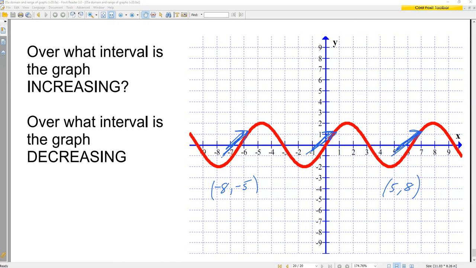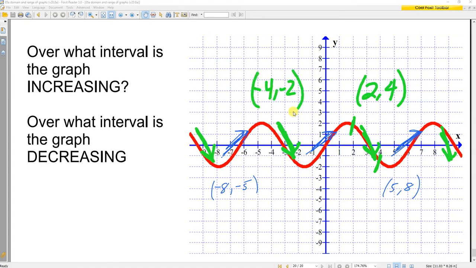Where is it decreasing? It's decreasing right here, right here, right here, and right here. So let's talk about this one. It's decreasing from 2 to 4. 2 to 4, it's decreasing. -4 to -2, it's decreasing.